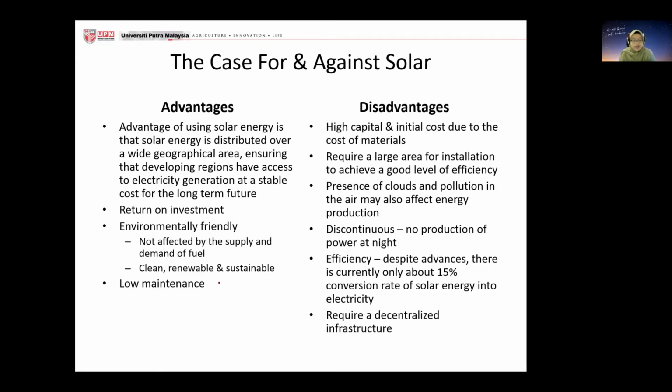This is one of the arguments against solar, because you will need a lot of land, right? And that land could actually be used for other things. So, for example, agriculture. So we have this discussion about food versus energy. Which one is more important? Because we know that food security is becoming a very big issue.